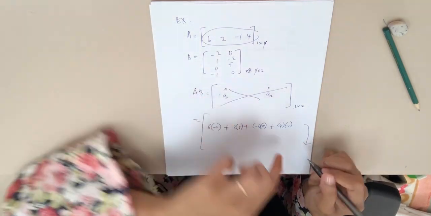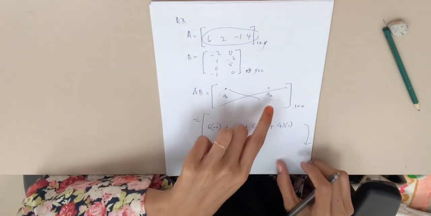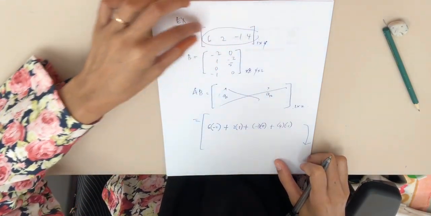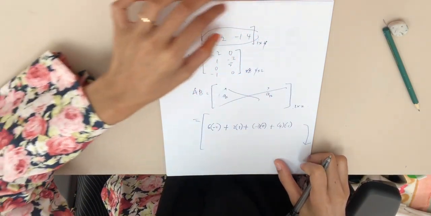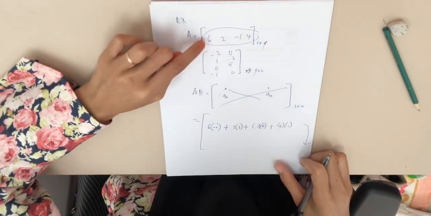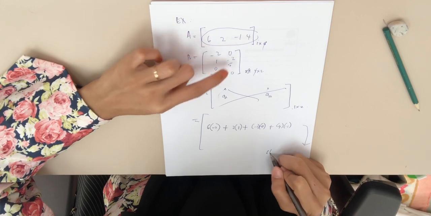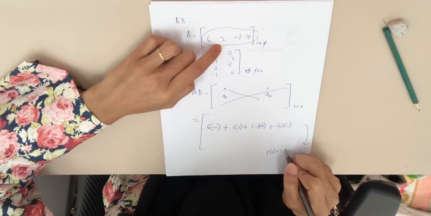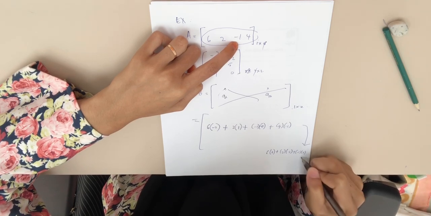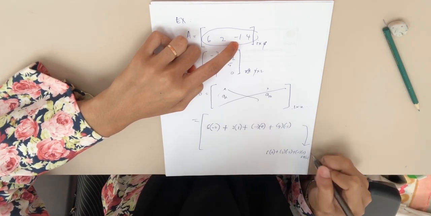So for the second entry here is 1, 2, which means the first row, second column. You just take the same row because there is only 1 row, but now you multiply with the second column. So here you have 6 times 0 plus 2 times -2 plus -1 times 5 plus 4 times 0.